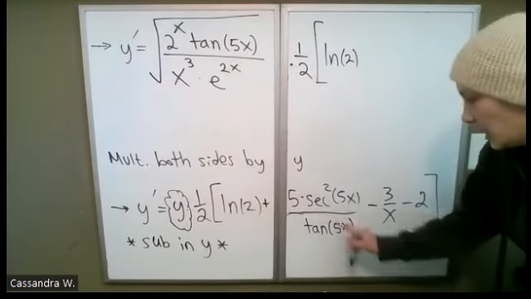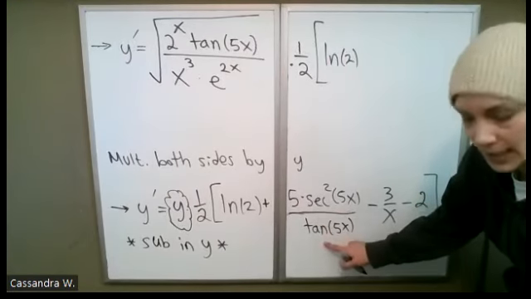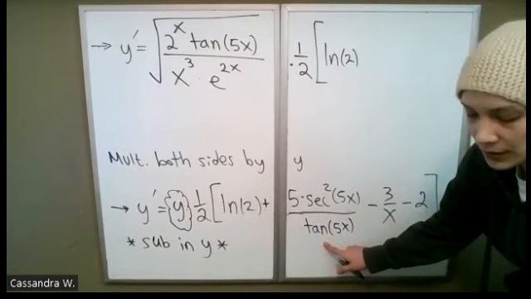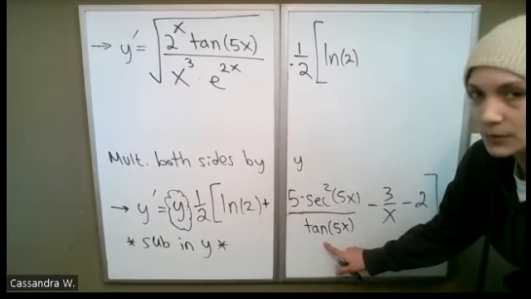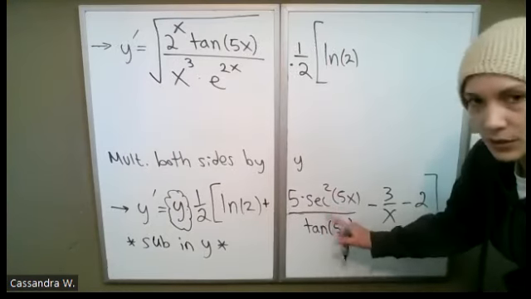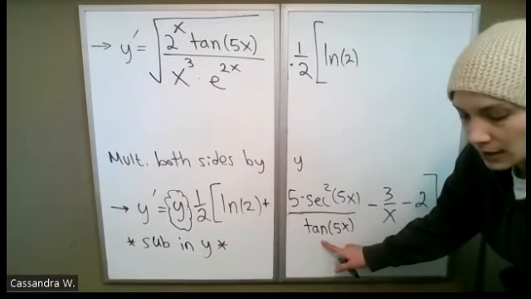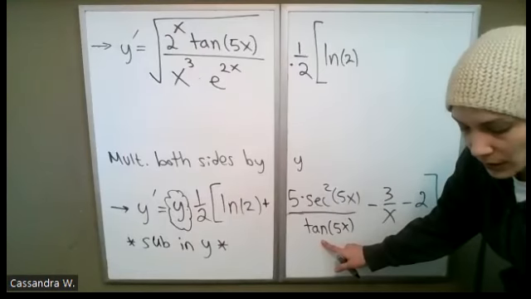And then I simplified the secant squared of 5x over the tangent of 5x as 5 over sine of x times cosine of x. So you can leave it like this, or you can do that scratch work at another time to check that part if you want to.